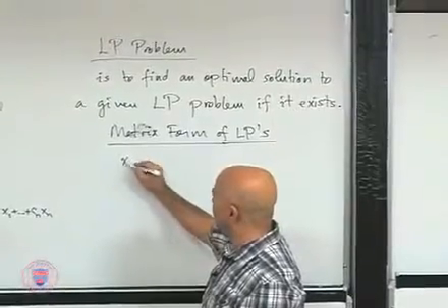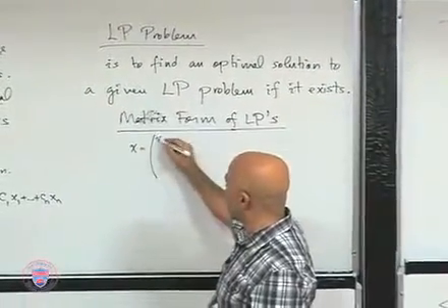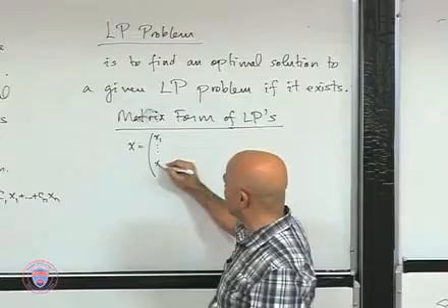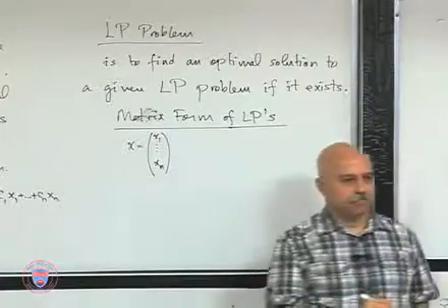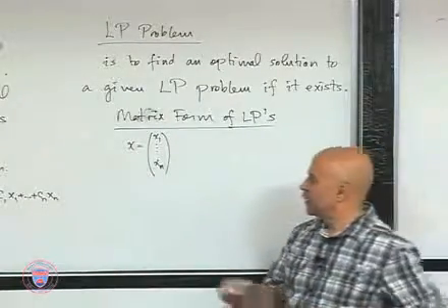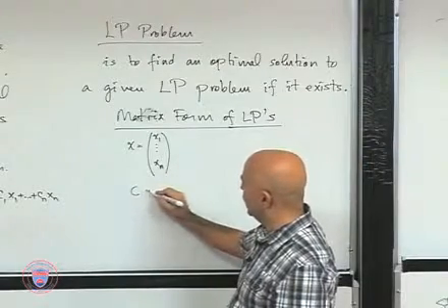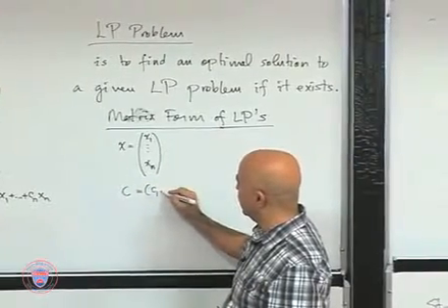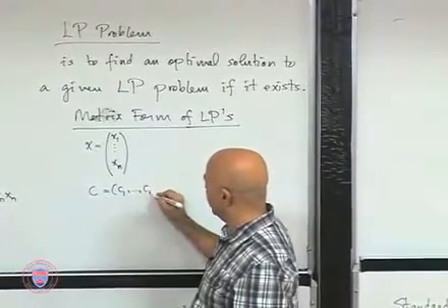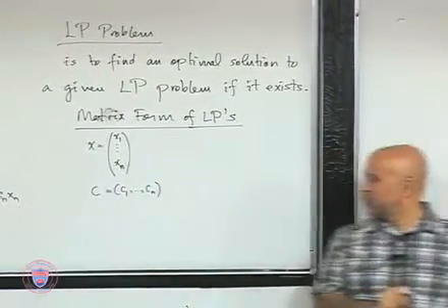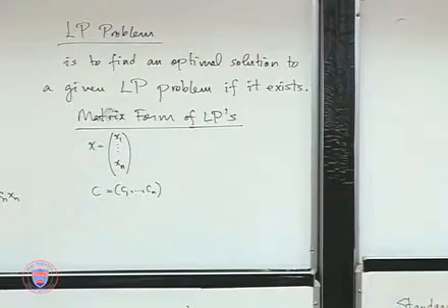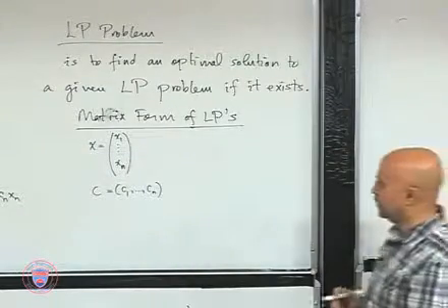In our case, we define the vector x to be the vector of the variables x1 through xn. And then we define c to be a row vector with components corresponding to the costs or the objective function coefficients.